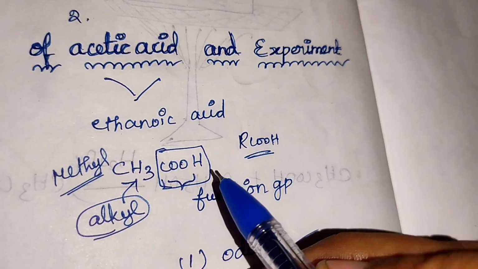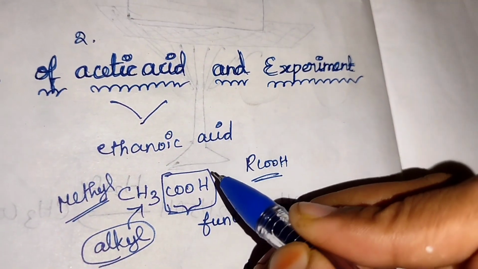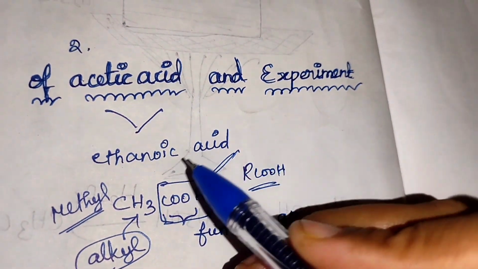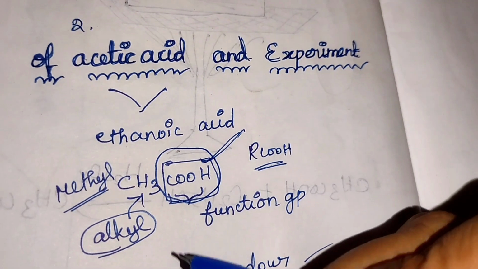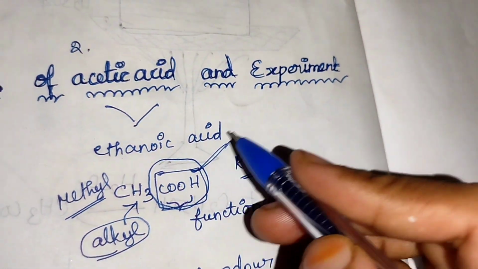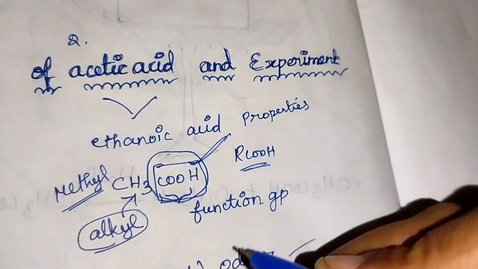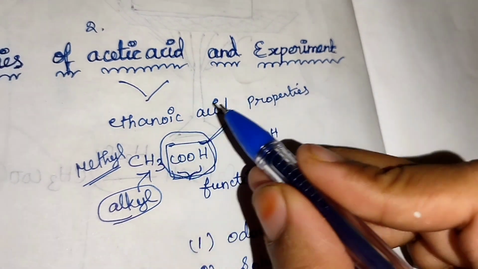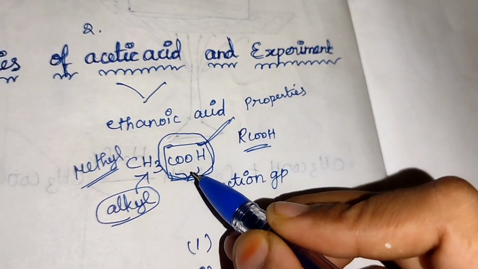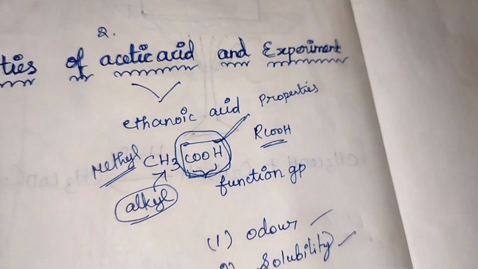I said the COOH functional group is present in this ethanoic acid, and this is the main reason for the properties of ethanoic acid. Most of the properties depend on which functional group is present, on the behavior of the functional group.